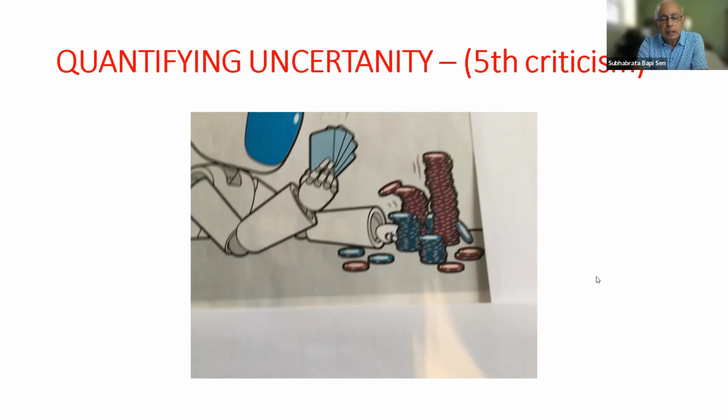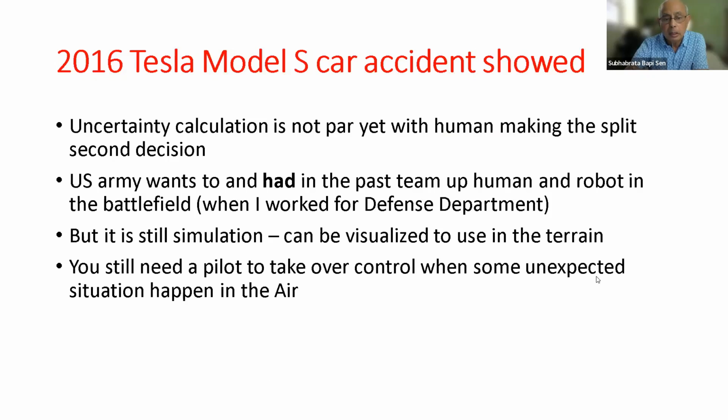It's counting the chips in a wrong way, and it's not doing what we do. For instance, the Tesla model car accident showed uncertainty calculation is not on par yet with humans making split-second decisions.